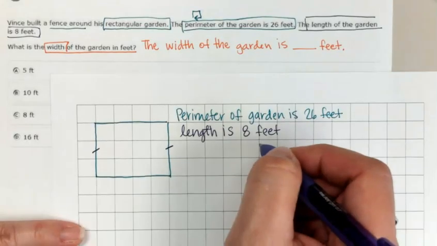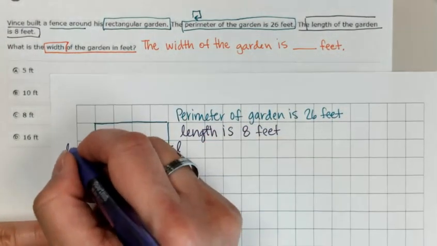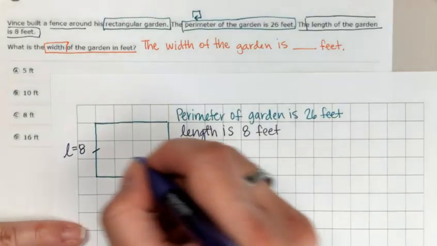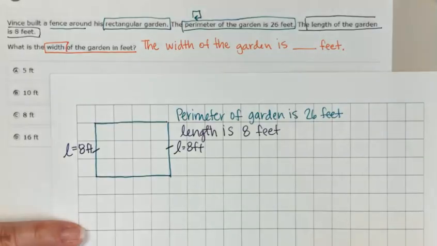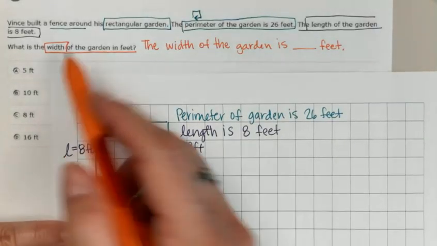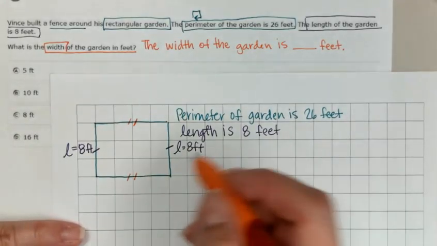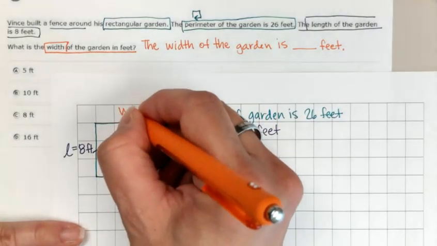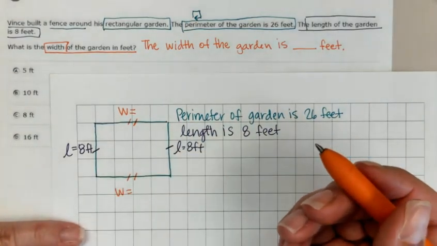So if I know the length is 8 feet, then I'm going to label these sides as my length. And if this side is 8 feet, and I'm solving for the width, that means that these two sides, my other pair of equivalent sides, are my width, and I don't know what that is. That's what I'm solving for.